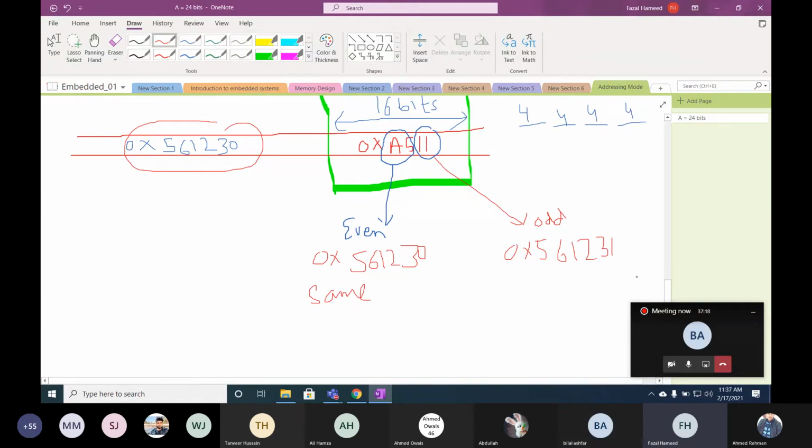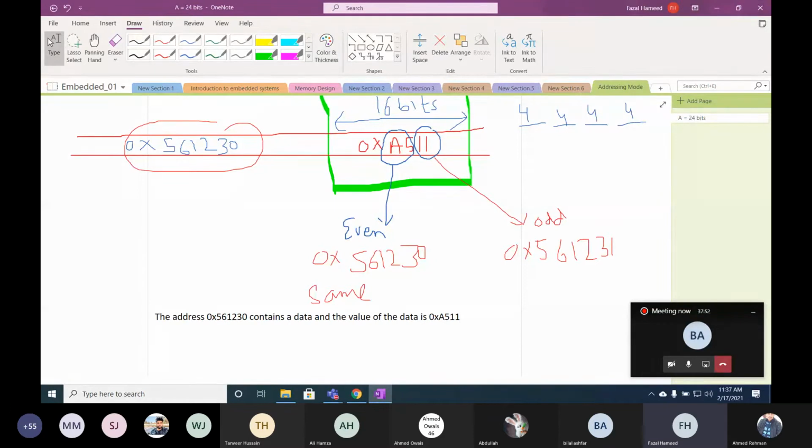So now I'm writing like this. The address 0x561230 contains a data, and the value of the data is 0xA511. Am I right?